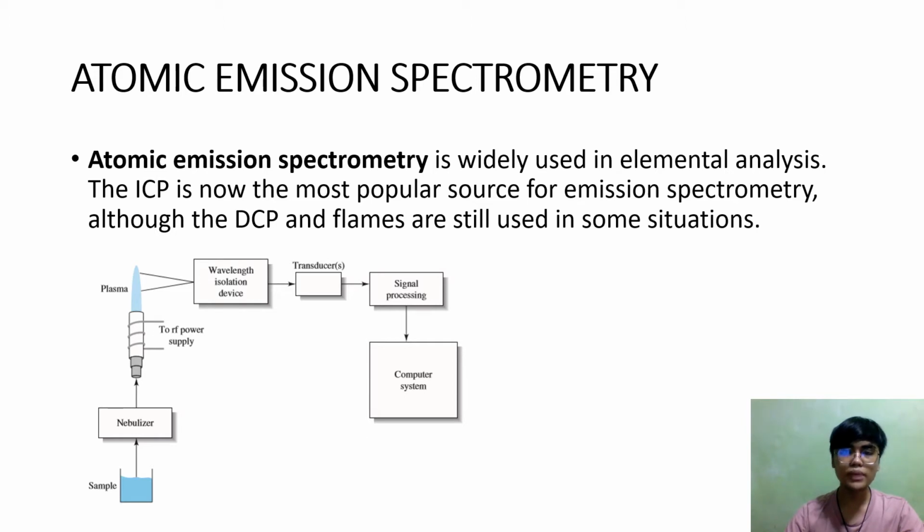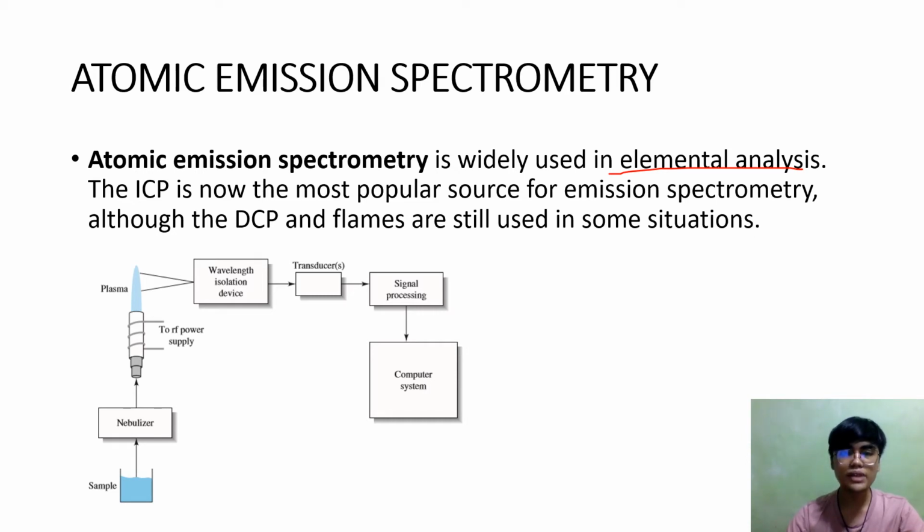Atomic emission spectrometry is widely used in elemental analysis, and the ICP is now the most popular source for emission spectrometry, although the DCP and flames are still used in some situations. The ICP is widely used in determining trace metals in environmental samples such as drinking water, wastewater, groundwater supplies, and it is also used for determining trace metals in petroleum products, in foodstuffs, and in geological samples.